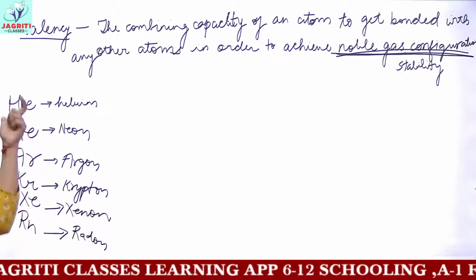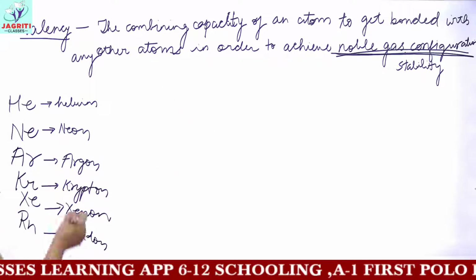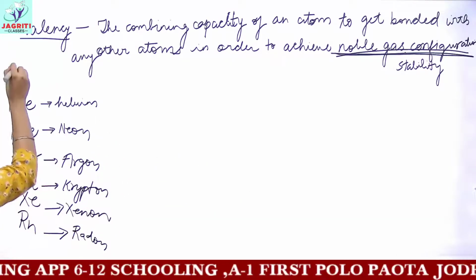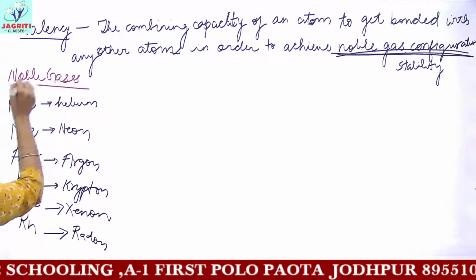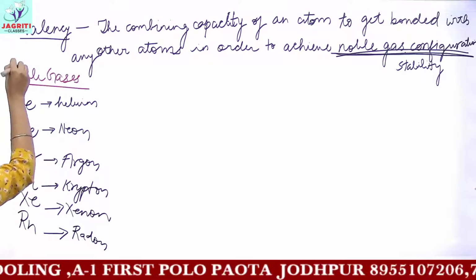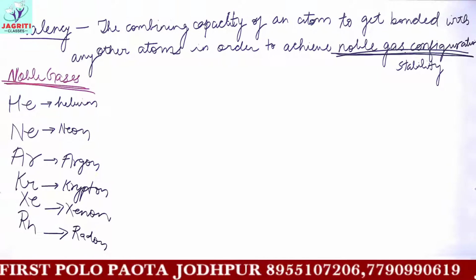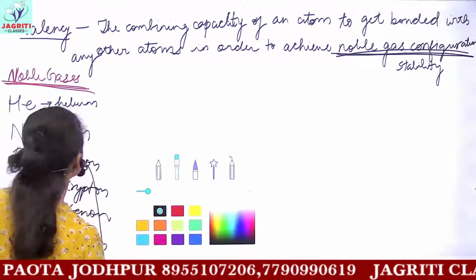So these are the different gases present in the extreme right of the periodic table, and these gases are called your noble gases. So the question arises, why are they called noble gases? How can you judge whether a gas is noble or not? We have these noble gases only, no need for confusion. Why these are called noble gases, we'll see.